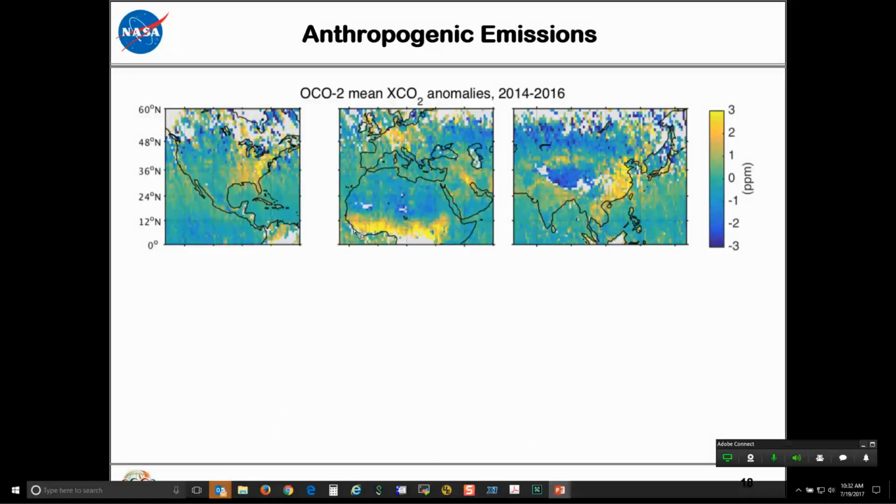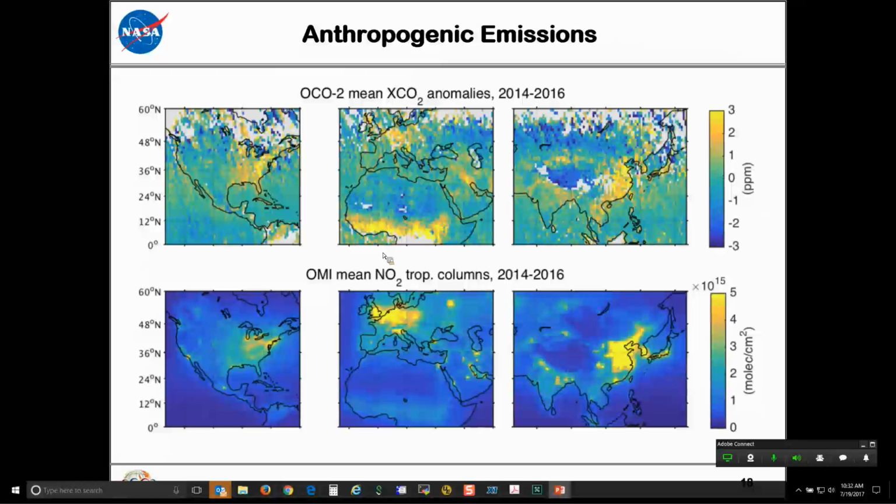In addition to that, we see very large enhancements in CO2 over the Sahel area south of the Sahara. To see if we can attribute some of these enhancements, Jani, who is a member of the OMI team as well, compared the OCO2 CO2 measurements to the OMI NO2 measurements, and found in fact there are very strong correlations between the NO2 observed in regions of strong fossil fuel production or use over East Asia, Western Europe, and Eastern US.